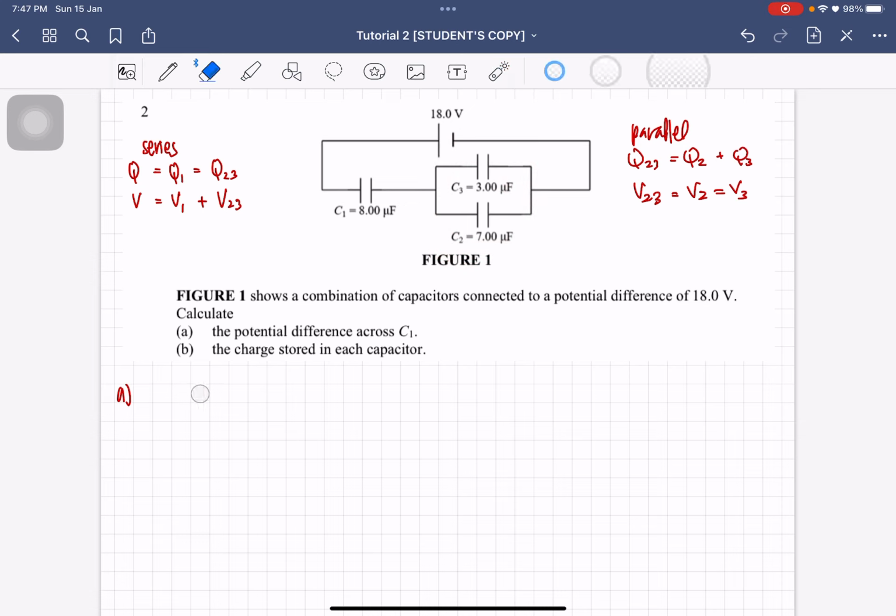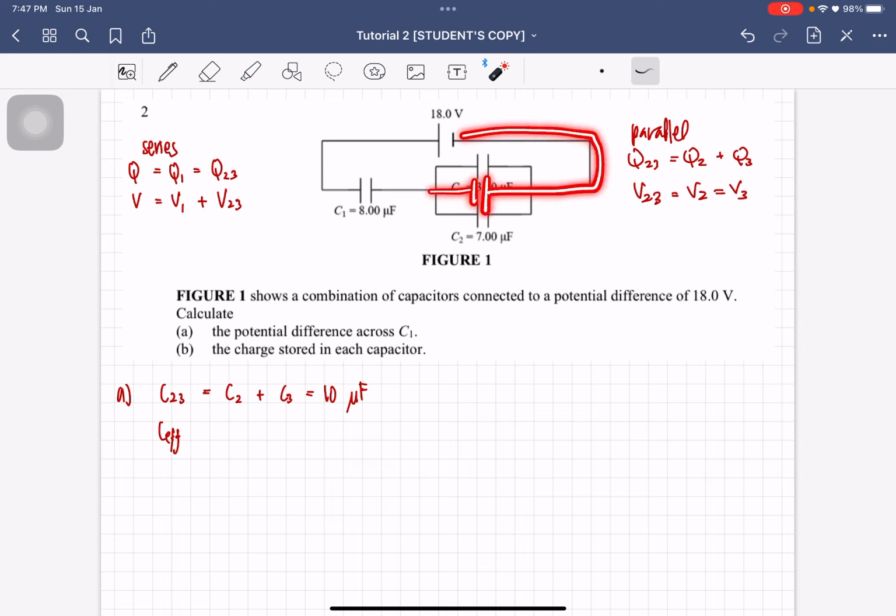C23 is going to be, it's a parallel circuit, so C2 plus C3 will be equal to 10 microfarad. And then the effective capacitance, the resultant when you combine it, will be something like this.